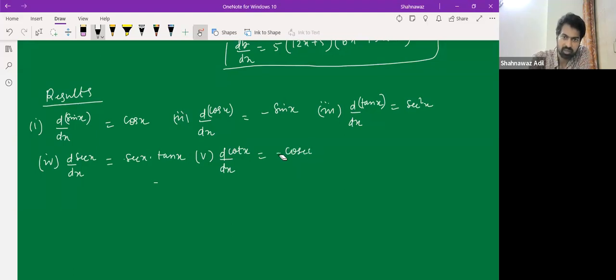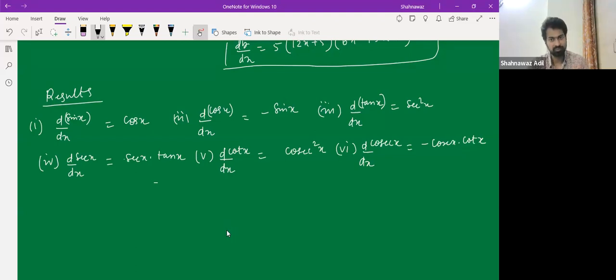This is not a minus, I guess. And sixth, d by dx of cosec x is minus cosec x into cot x. These are the differentiations of trigonometric functions.